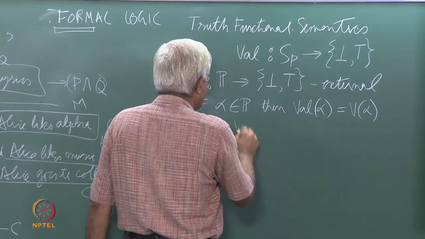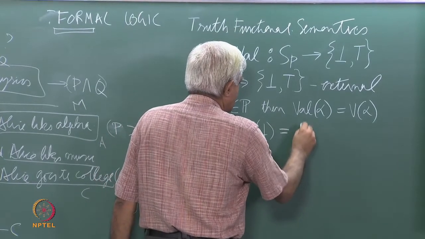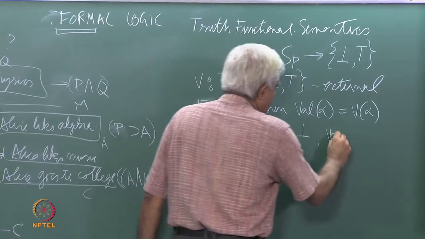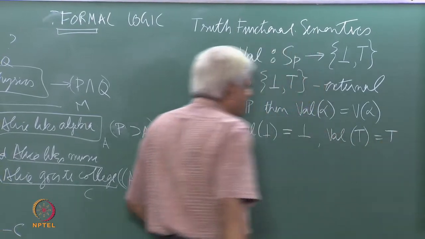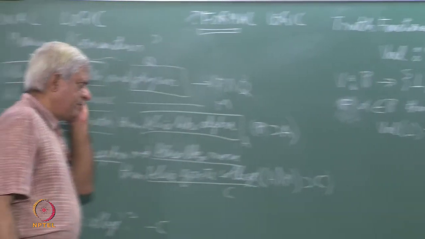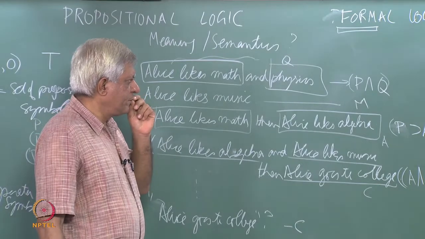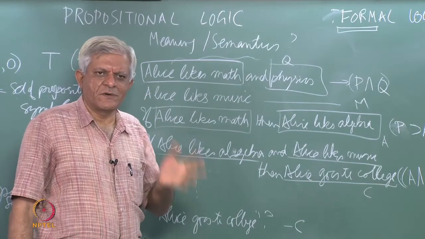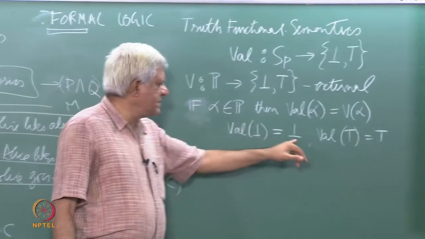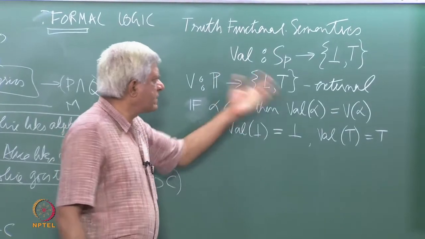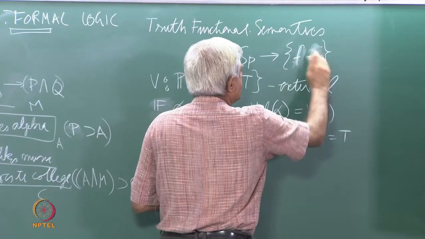Then we always define val of bottom to be this thing. There is a little bit of overloading happening here. Ideally, I should use different symbols here essentially. So let us say we define it to 2.